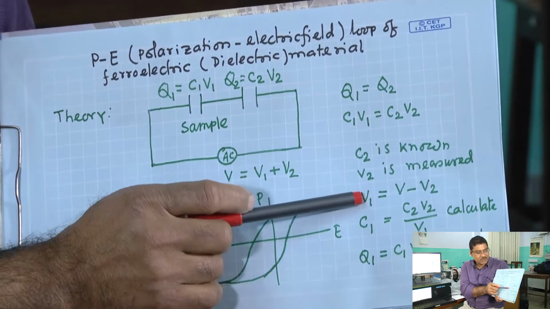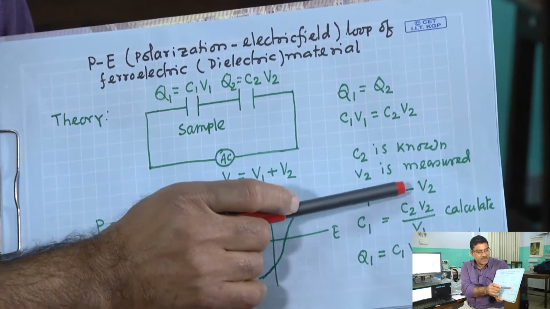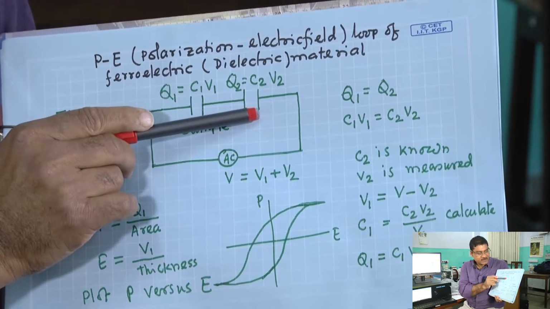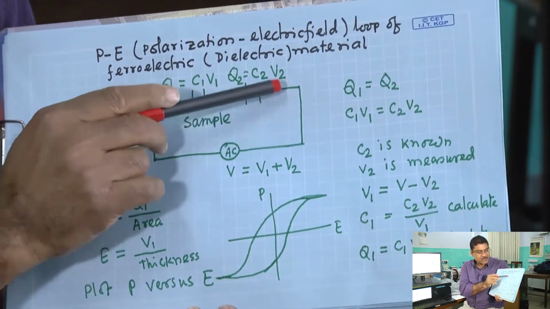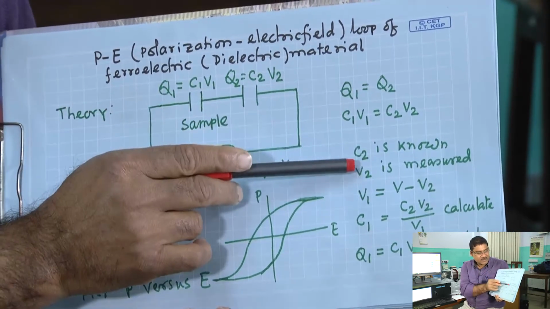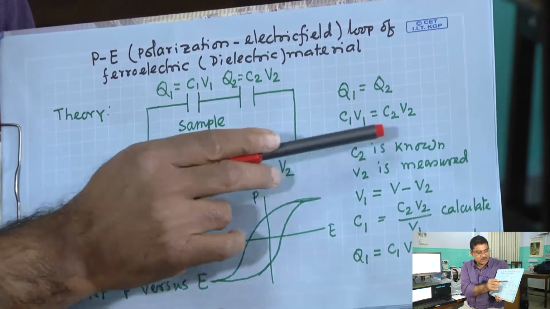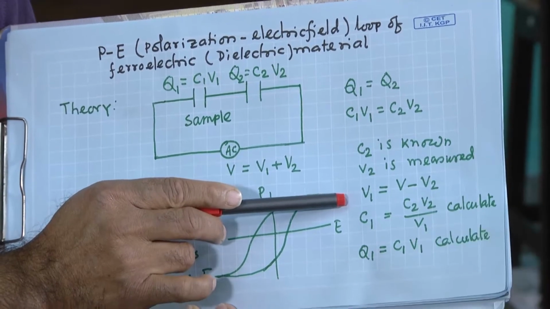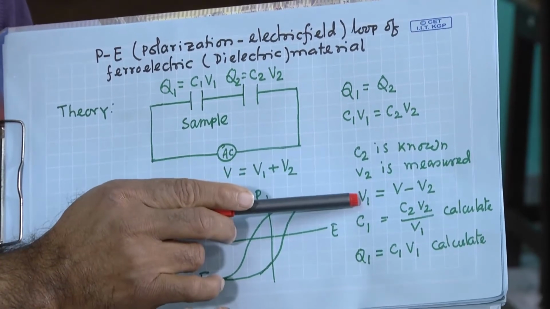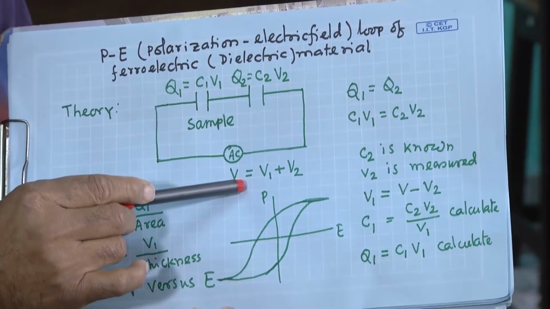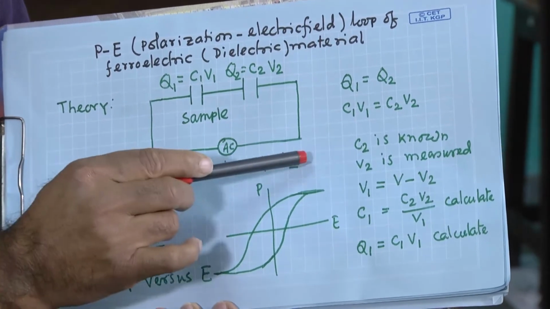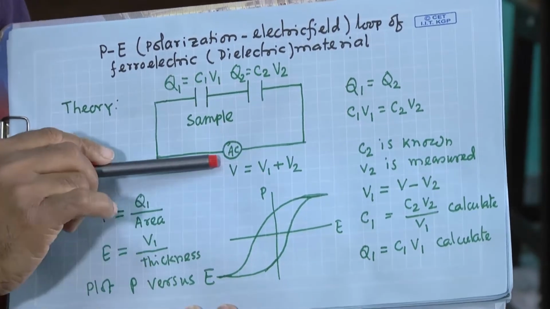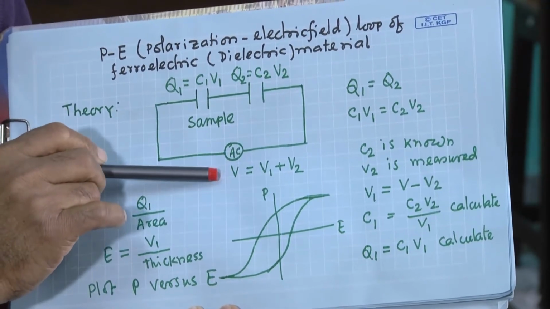So, one can find V1, which is V minus V2.